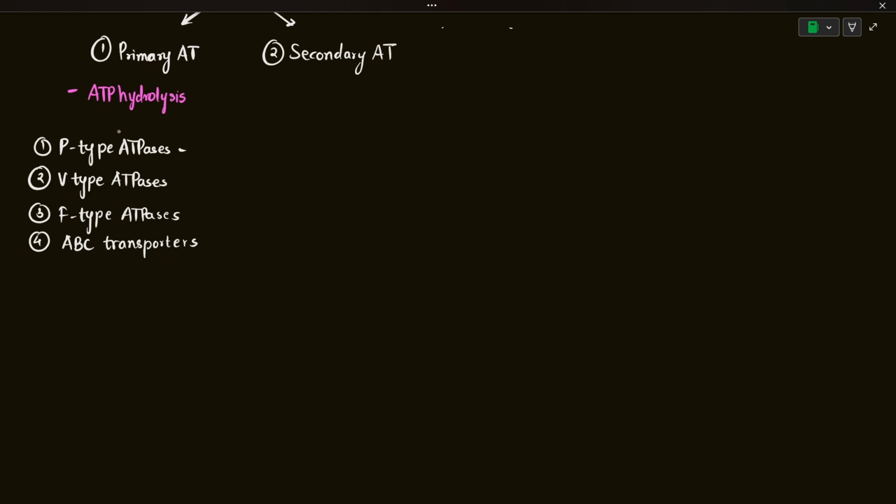So whenever there is a transport cycle, whenever the solute or the ions bind to this type of ATPase and want to cross the plasma membrane, this particular type of protein undergoes phosphorylation, and that is why the P stands for phosphorylation in P-type ATPases. So this is a unique characteristic that belongs to the P-type ATPases. So let's discuss P-type ATPases in detail.